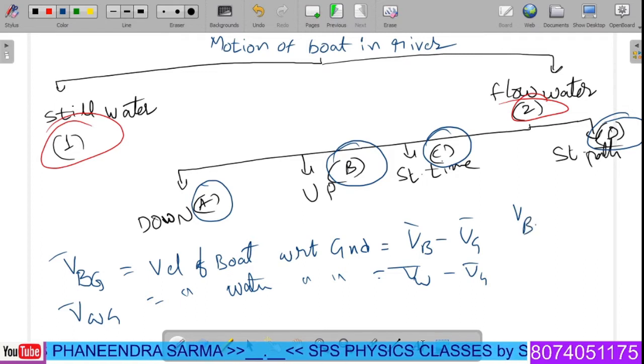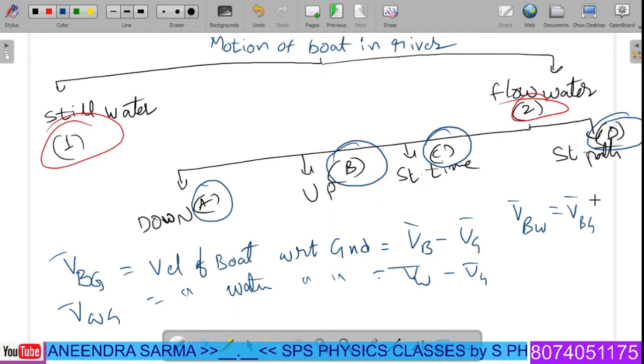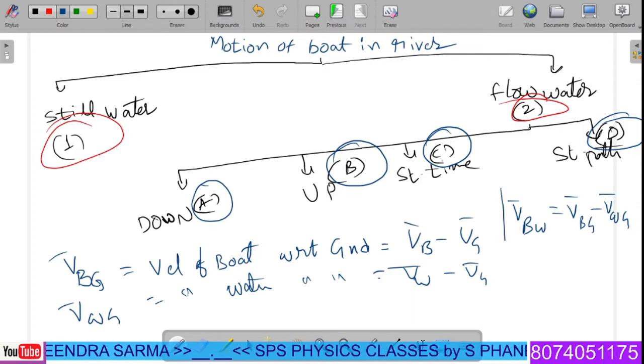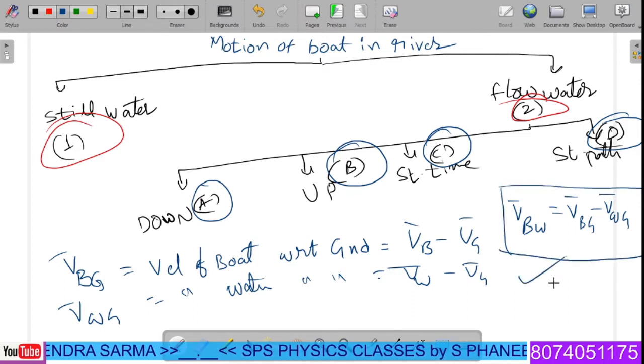And VBW bar is equal to VBG bar minus VWG bar. This is the relative velocity concept you have to apply here. Boat relative to water is given by the velocity of boat relative to ground minus the velocity of water relative to ground. You have to express this formula. By doing this, we can find the relative velocity of boat with respect to water. These are the three important terms you have to fix.